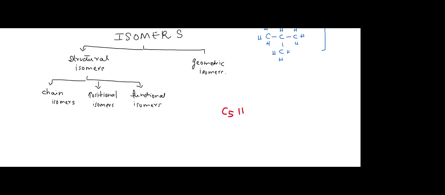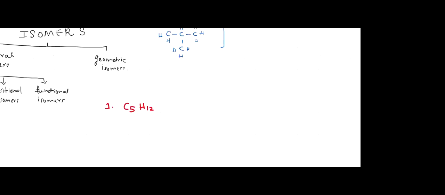This is the compound that I've given you. Number 1: let's draw as many isomers as we can think of. First, we can just draw a straight chain. 1, 2, 3, 4, 5: 5 carbon and 12 hydrogen.